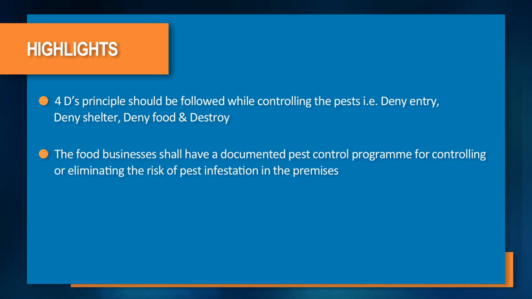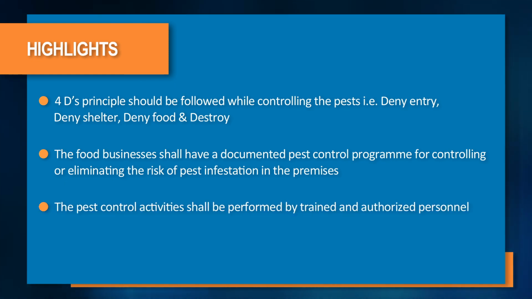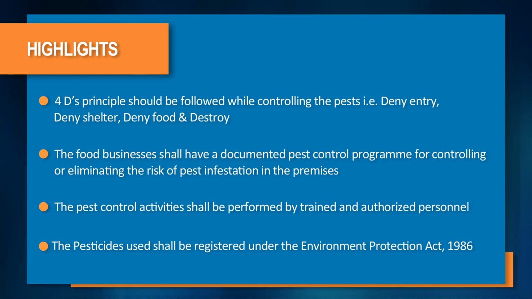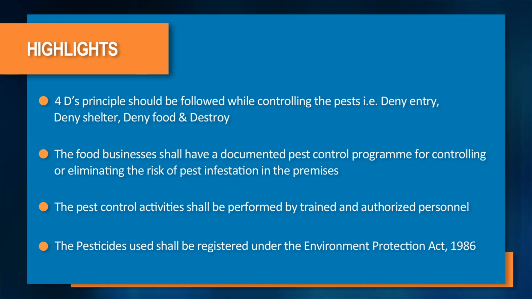The food businesses shall have a documented pest control program for controlling or eliminating the risk of pest infestation in the premises. The pest control activities shall be performed by trained and authorized personnel. The pesticides used shall be registered under the Environment Protection Act 1986.